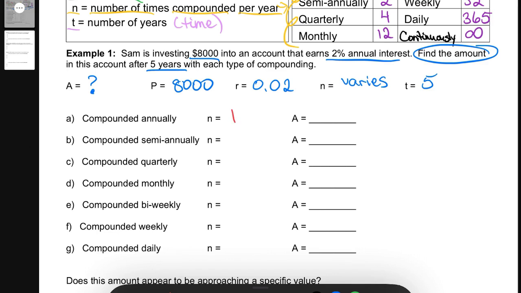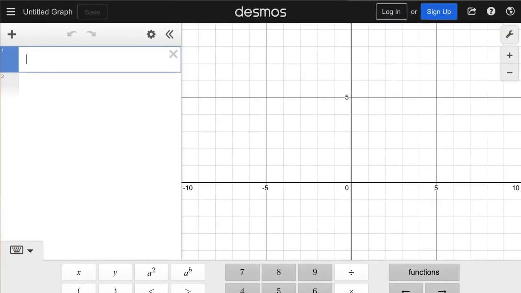If we are compounding annually, n is 1. So using that compound interest formula, we'll do 8,000 times (1 plus 0.02 over 1) to the 1 times 5. It's definitely a calculator lesson.